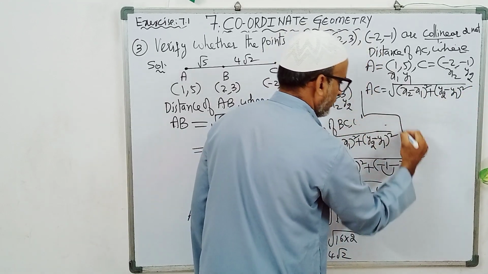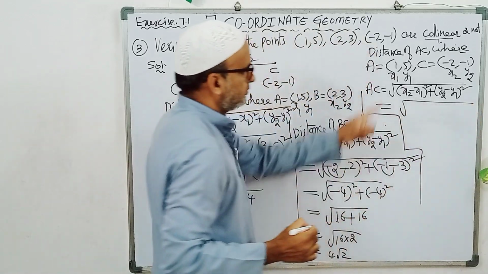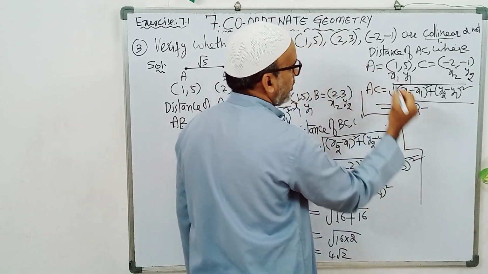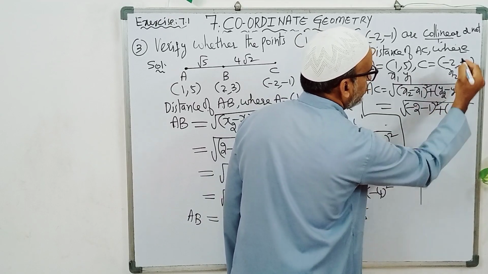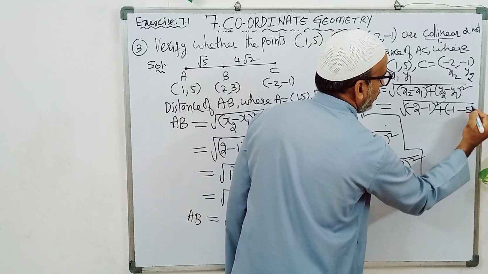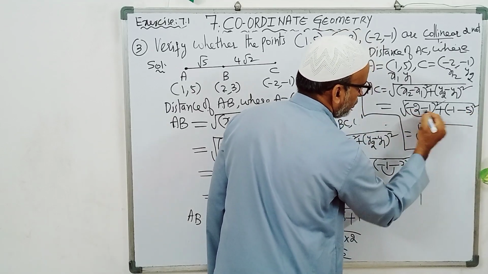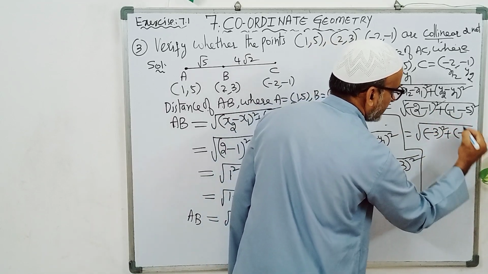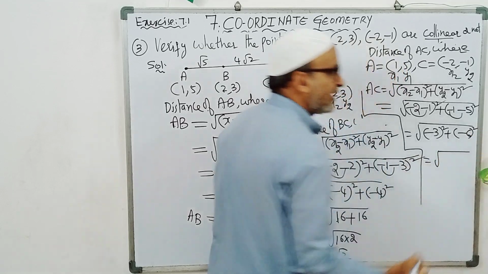This is equal to square root of (minus 2 minus 1) whole square plus (minus 1 minus 5) whole square, equal to square root of minus 3 whole square plus minus 6 whole square.